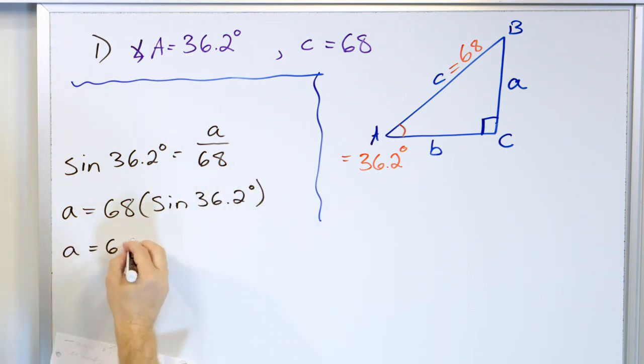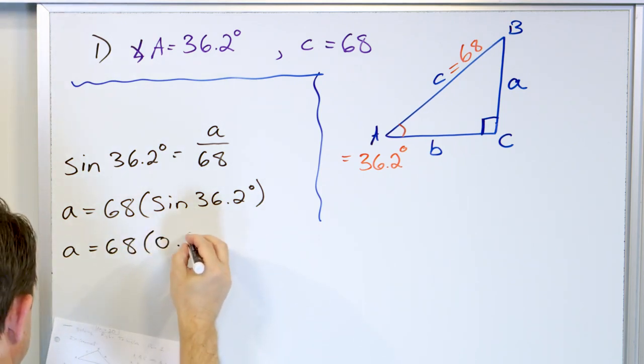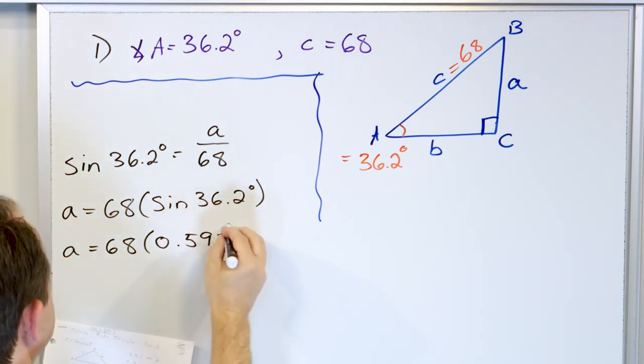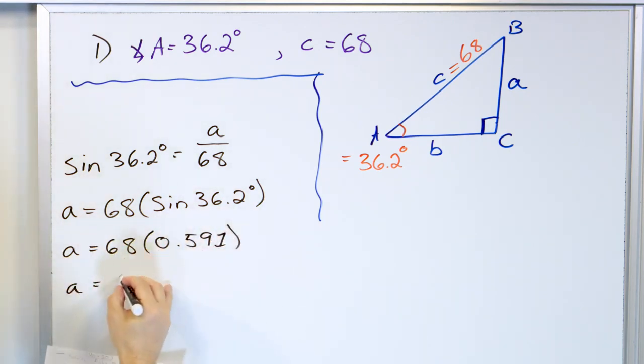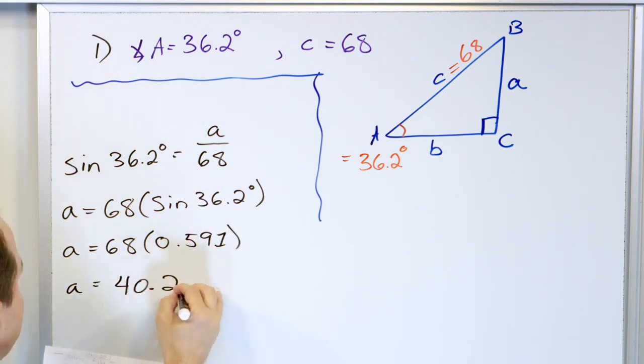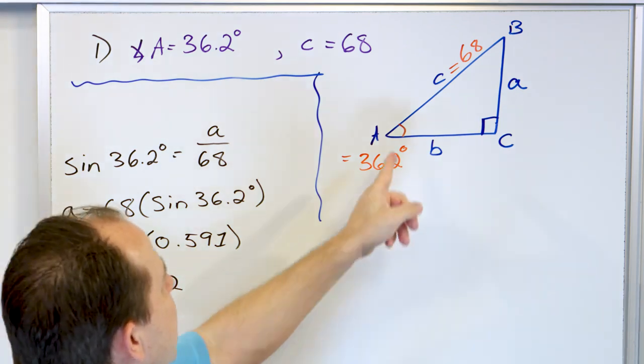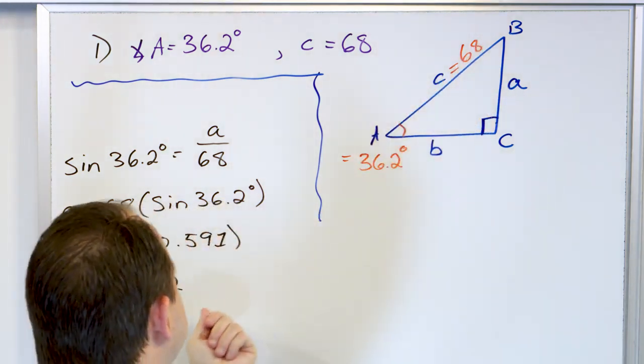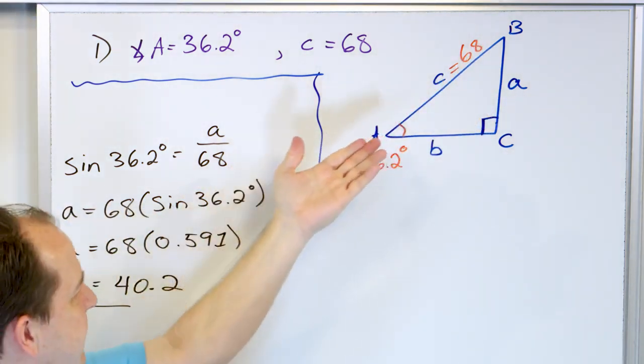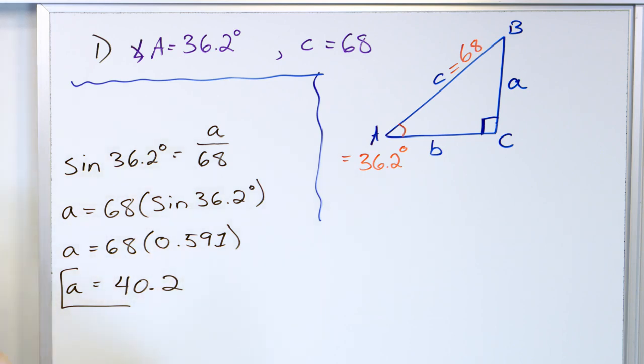So A is 68, and then the sine of 36.2 degrees is 0.591. And when you multiply this out, you get 40.2. And this is the answer for A. 40.2 what? Well, if it were 68 meters here, then the answer would be in meters. If it were centimeters, it would be in centimeters, and so on. So whatever distance units you're using. All right, so we can handle that.